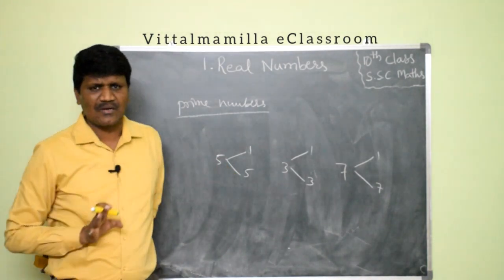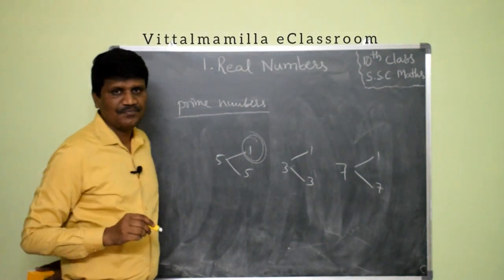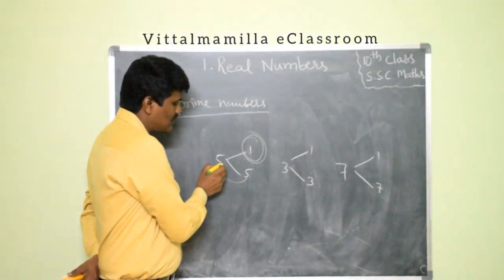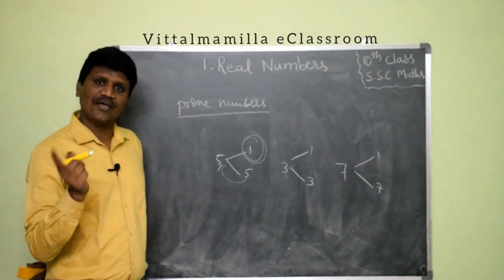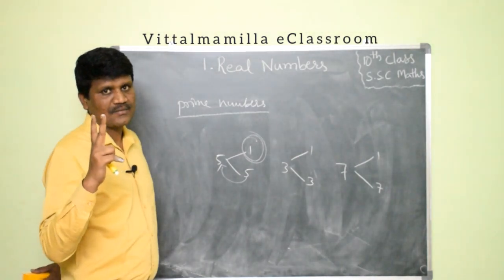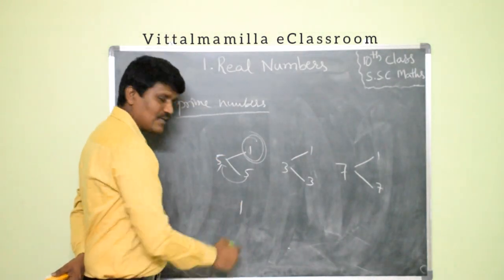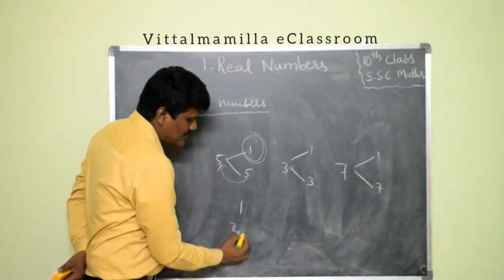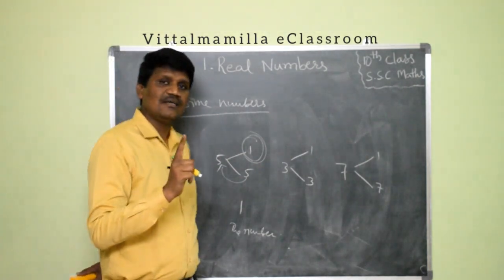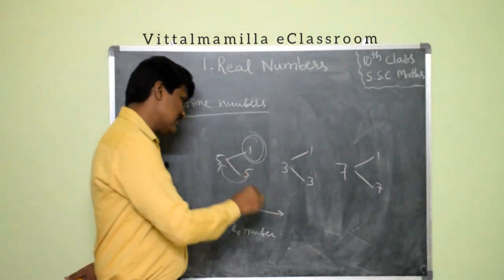You take any number. 1 is a factor of every number, and the number itself is also a factor. So every number will have a minimum of 2 factors: 1, and the number itself.